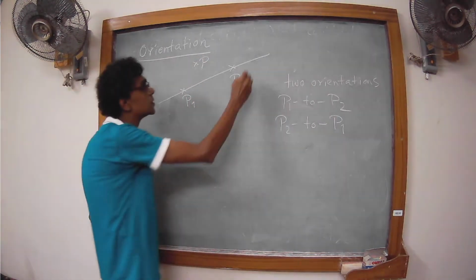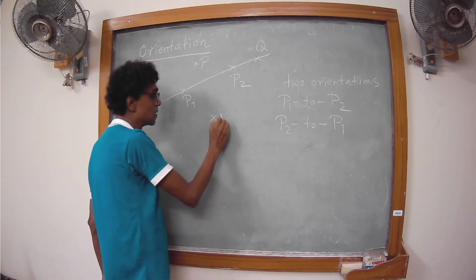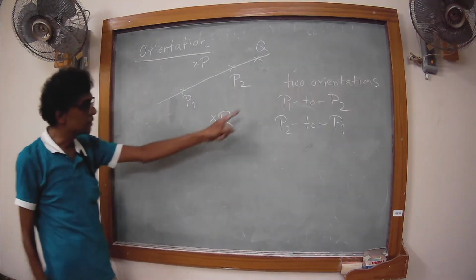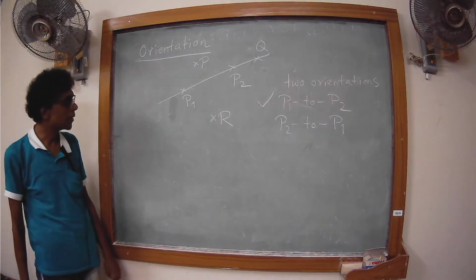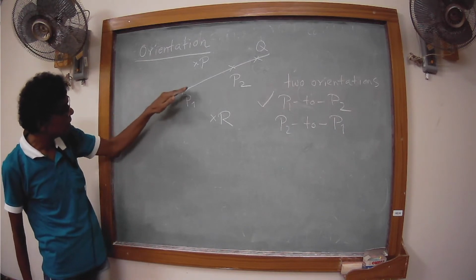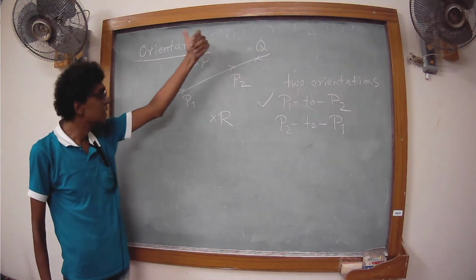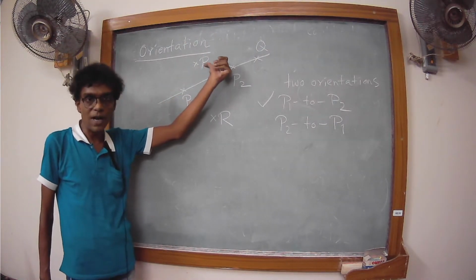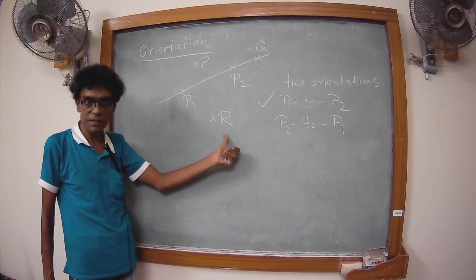Okay. And depending upon which orientation you choose, the third point may be here. So let us think of 3 points, P, Q and R. And let us take this orientation from P1 to P2. So assume that you are moving on the line from P1 to P2 in this direction. Then P will appear to your left. R will appear to your right.